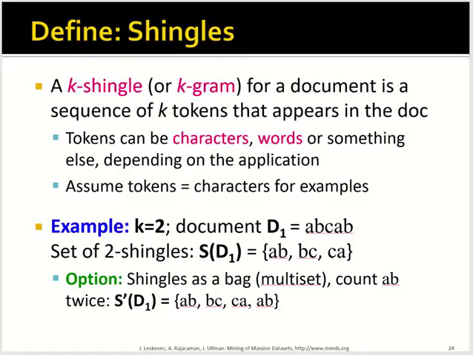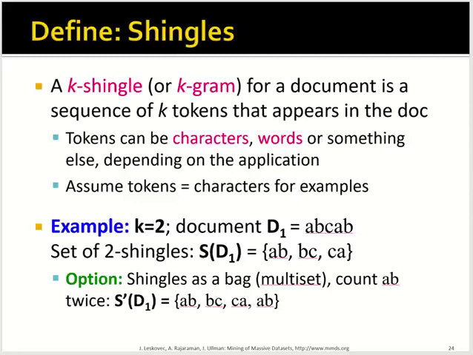AB only appears once. We can think of shingles like a bag of k-length substrings. Note that the substring AB appears twice within D, but appears only once as a shingle.